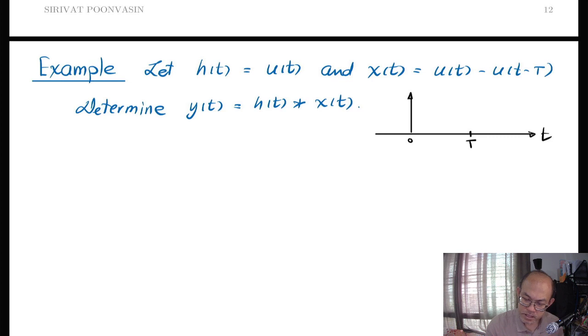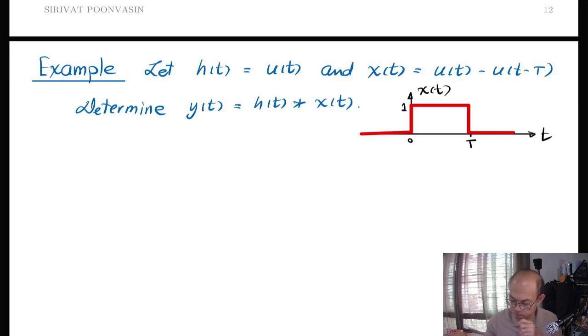Then the signal x would be going from 0 to 1 at time 0, and then it will remain at 1 until time T. Then it falls back down to 0 after time T. So this is what x is. Now we're going to perform the convolution between h and x.